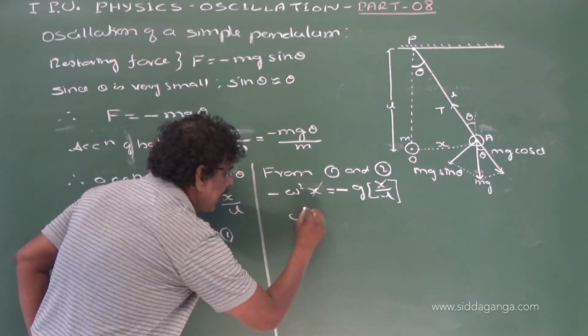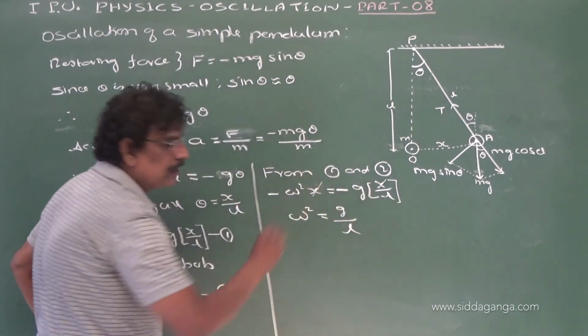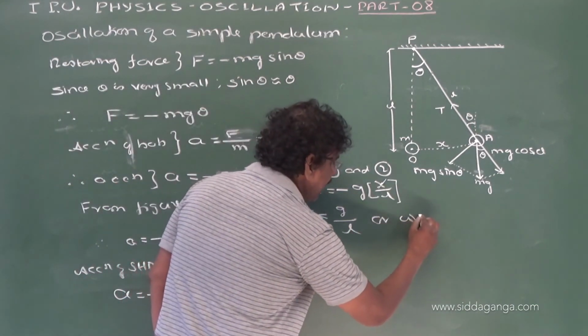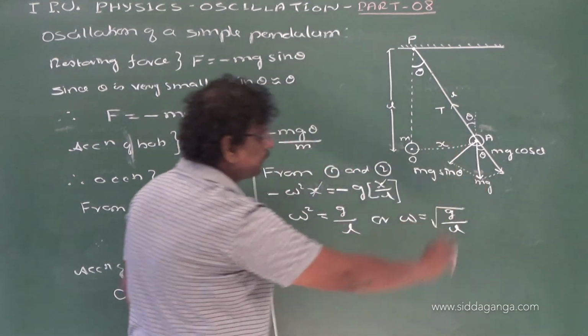Now we have omega square is equal to g by L, or omega is equal to square root of g by L.